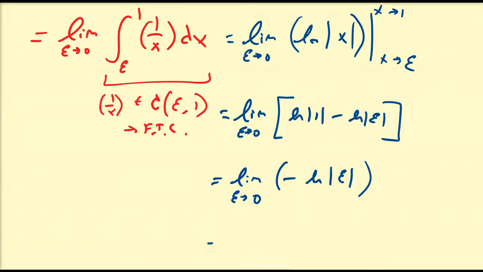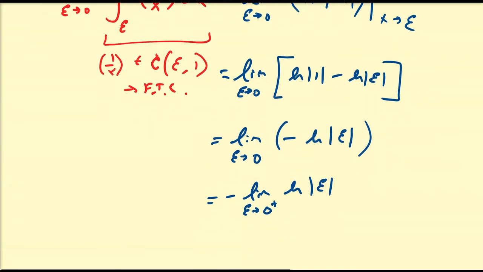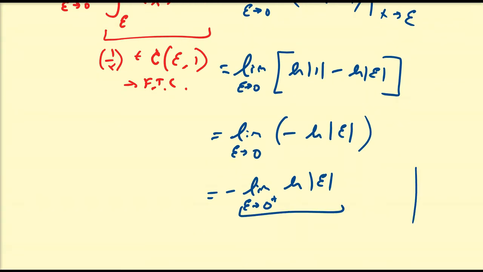So we can factor out that negative sign here. So we have negative limit as epsilon goes to 0. Now we can approach this from the left or the right. We should get the same exact thing. So let's just approach it from the right. So this is going to be the natural log of epsilon. Know that this, by the properties of the natural log function, goes to negative infinity as x gets close to 0.